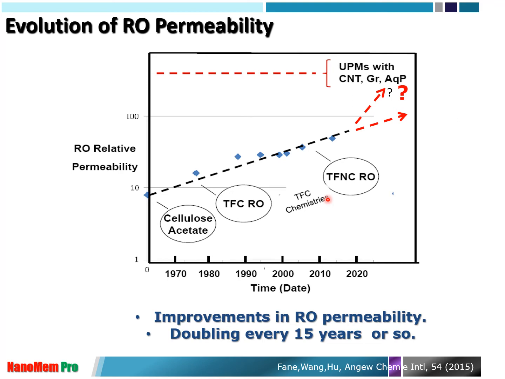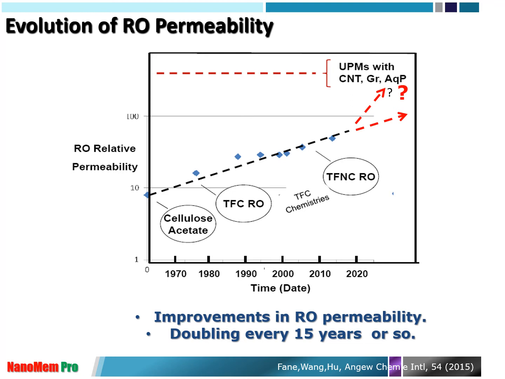Also in the future, 2020, we look at biomimetic membranes, aquaporin, graphene, and carbon nanotube, which can possibly play a role to improve the overall RO membrane permeability.